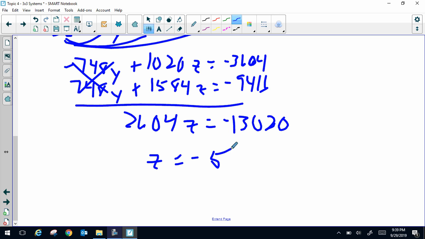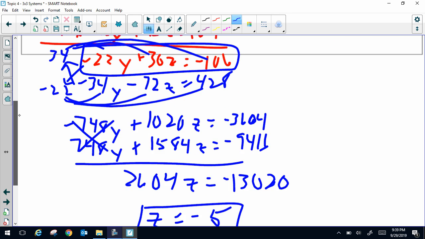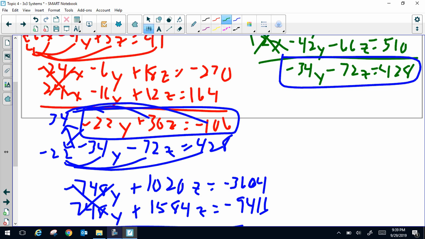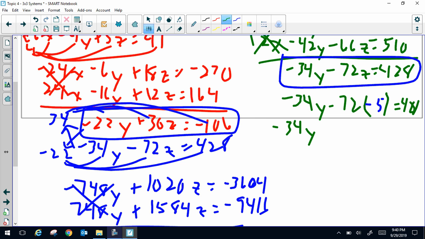When I divide it, I get z equals negative 5. Okay, so then I'll go back to this equation up here and substitute it in. So negative 34y plus 360 equals 428.